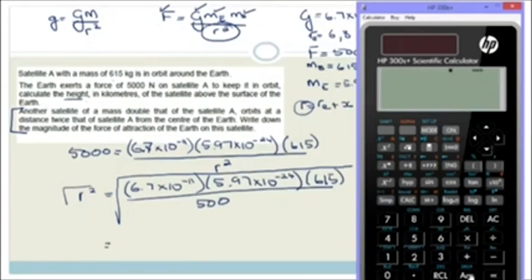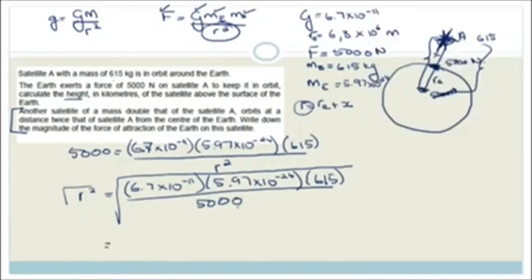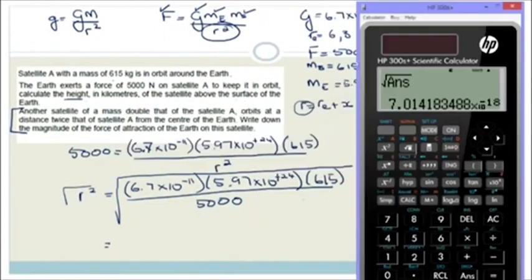Then we have to square root the answer, and that becomes 7 times 10 to the negative 18. That can't be right. Oh, that's because that's a positive 24. I'm so sorry, suddenly the Earth became minuscule. Okay, let's try that again. So sorry. We might as well just do it the long way.